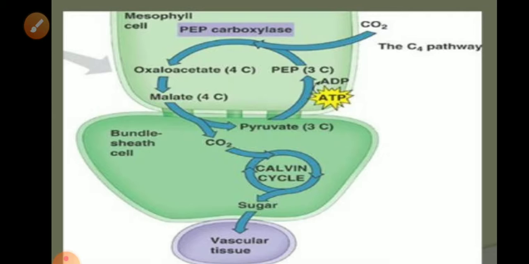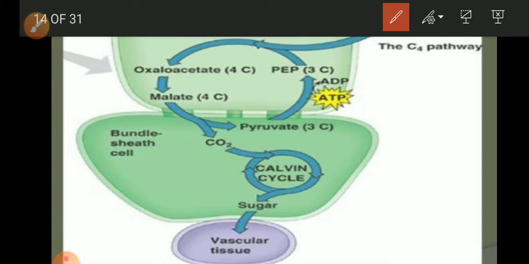In the mesophyll cells, the PEP carboxylase enzyme is involved. Oxaloacetate, the 4 carbon compound that is formed, then changes into malate, and in the Calvin cycle carbon dioxide will move in and pyruvate will move again into the mesophyll cell.